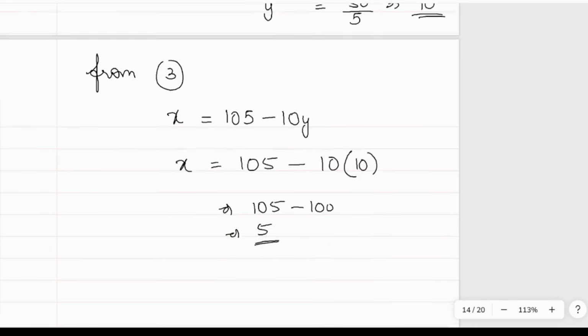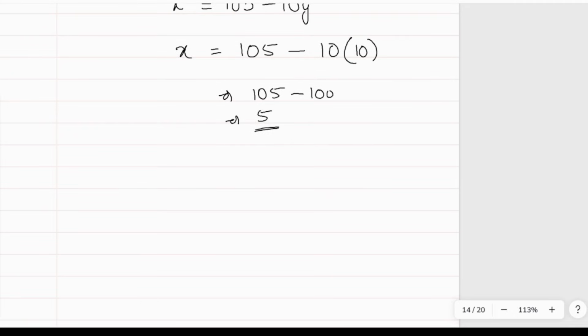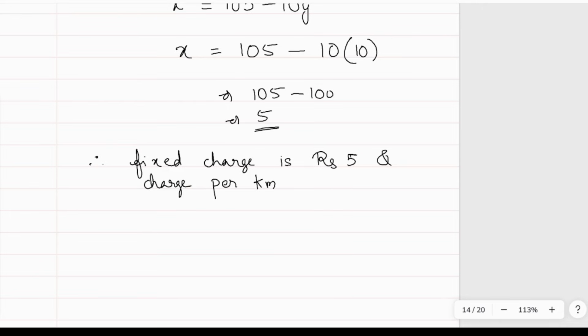So whenever we are hiring a car or a taxi, we have to pay an extra 5 rupees as a fixed charge along with the charge per kilometer. Now we have to write: therefore, fixed charge is rupees 5 and charge per kilometer is rupees 10. Clear?